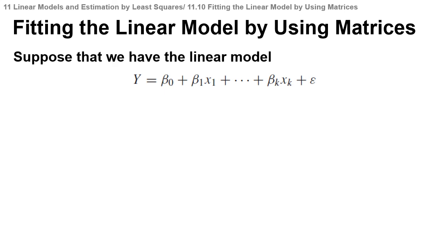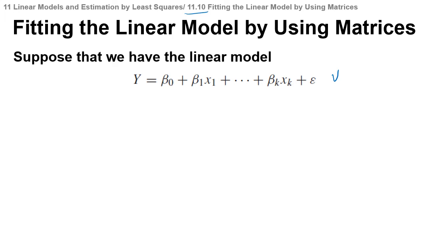So I'd like to explain the multiple linear regression case first, and explain both the simple regression one and the multiple regression one. Okay, so suppose that we have the linear model of this thing, and actually this is from chapter 11.10.